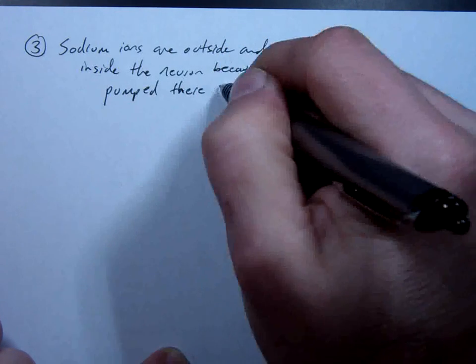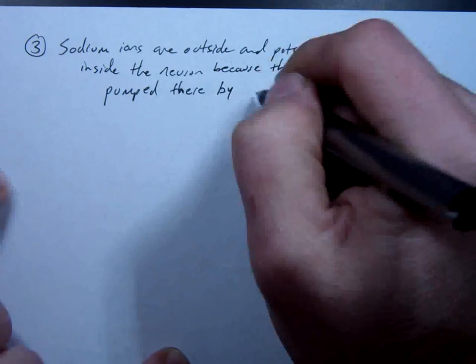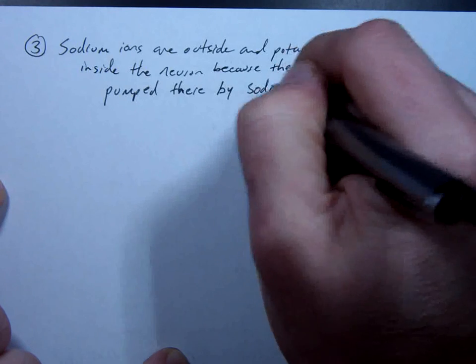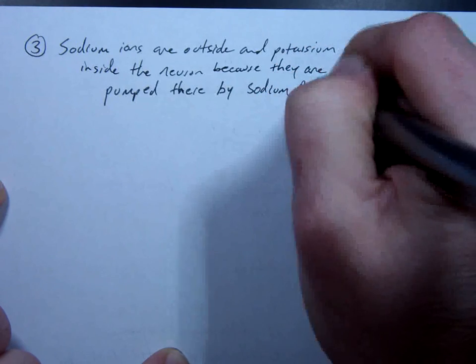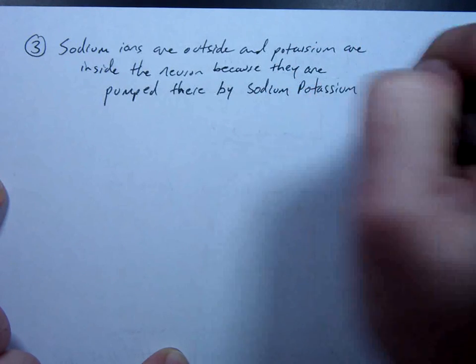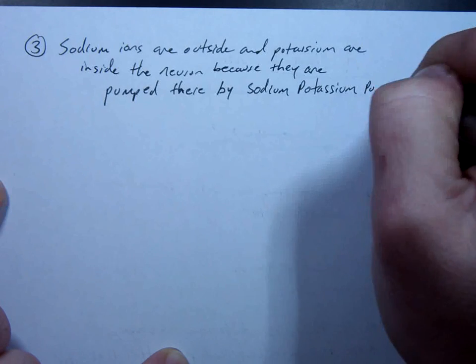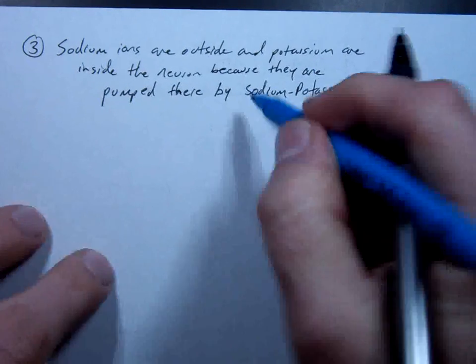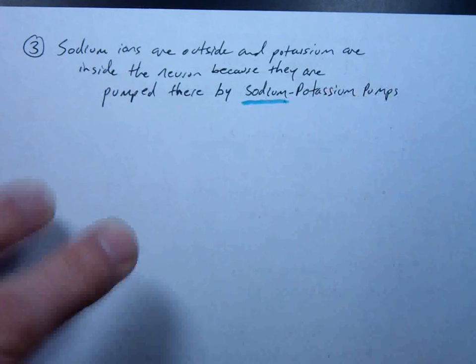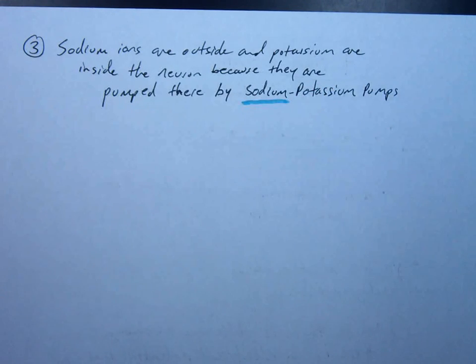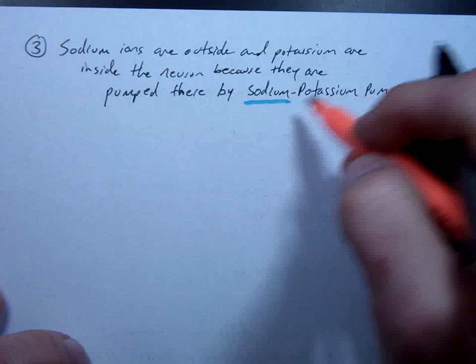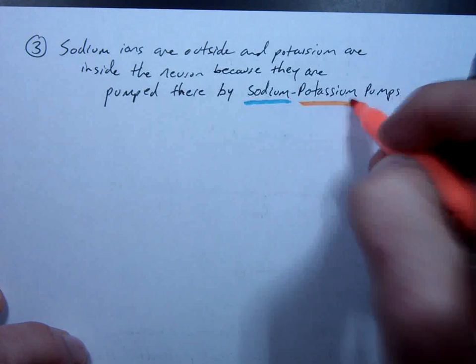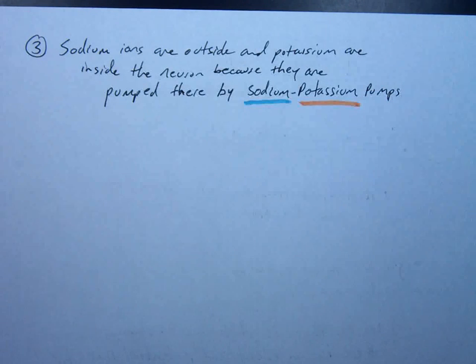By, and this is a great name, ready? Sodium potassium pumps. They're pumped there by sodium potassium pumps. That's what keeps them in play. That's what puts everything back to normal.